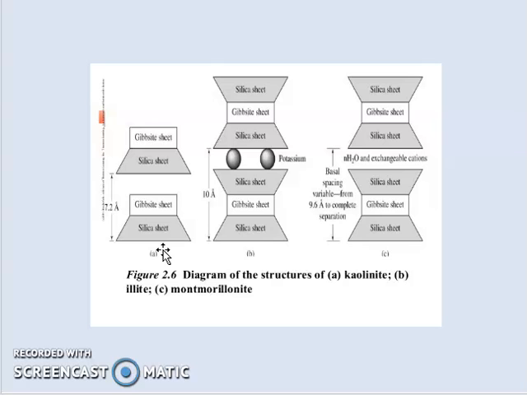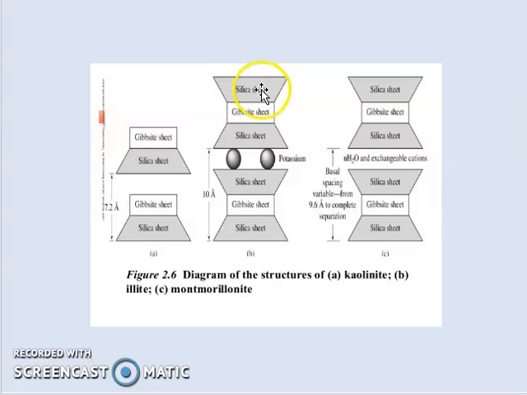We are talking now about clay minerals, and as I told you, if you have a sheet of gibbsite octahedra and a sheet of silica, you will obtain one mineral, and if there is a sheet of silica, gibbsite and silica, this is called a 2-1 mineral.